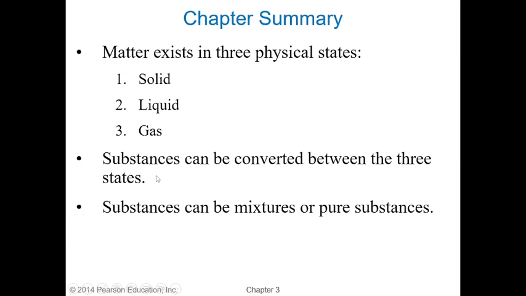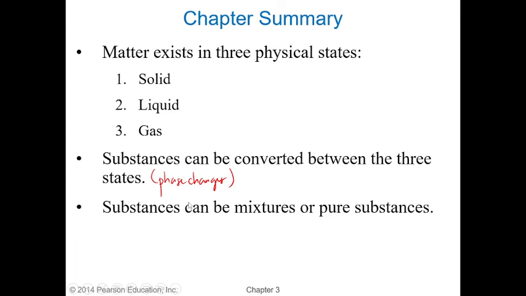So you have here the phase changes. And what do you call the process wherein you convert solid to liquid, liquid to gas, gas to liquid, liquid to solid, solid to gas, and gas to solid? So there's a particular name for that.